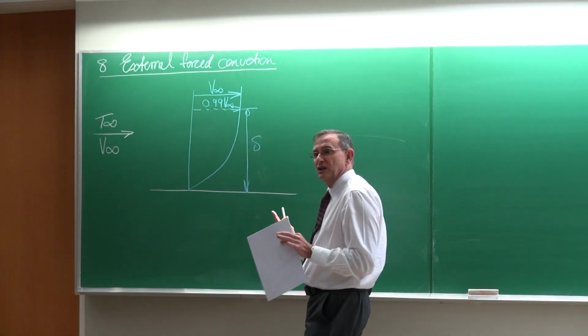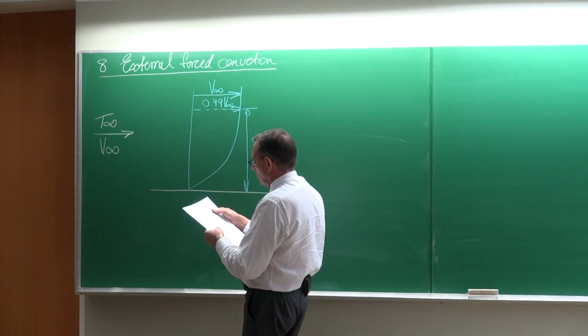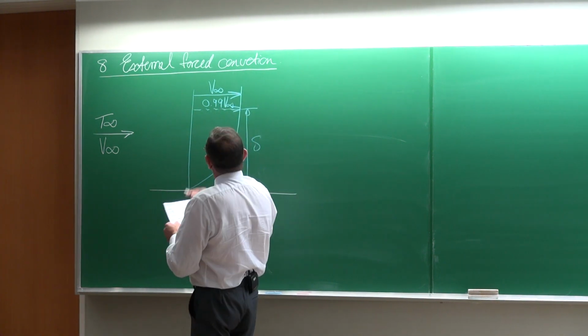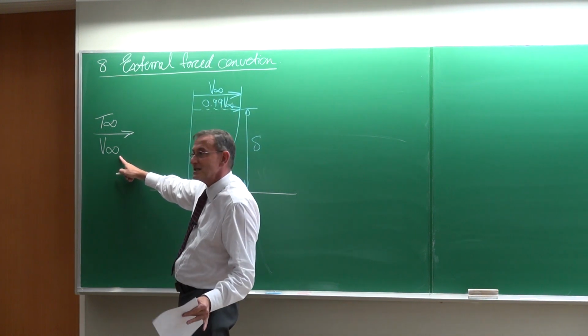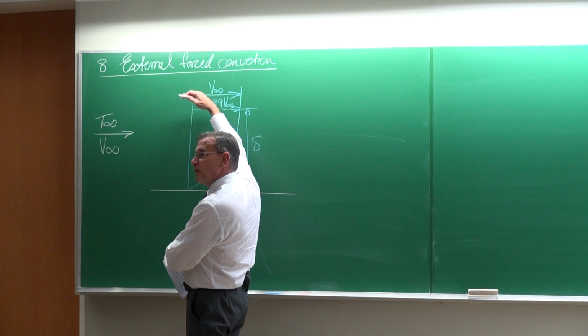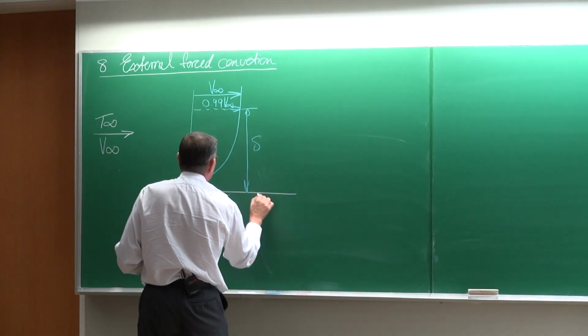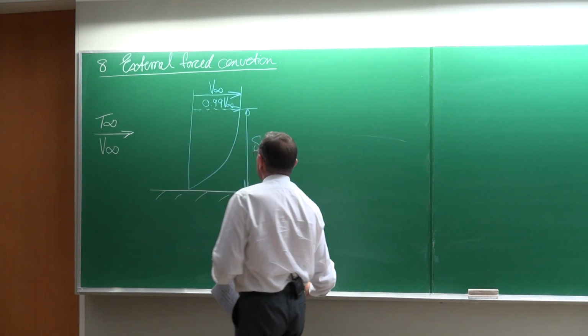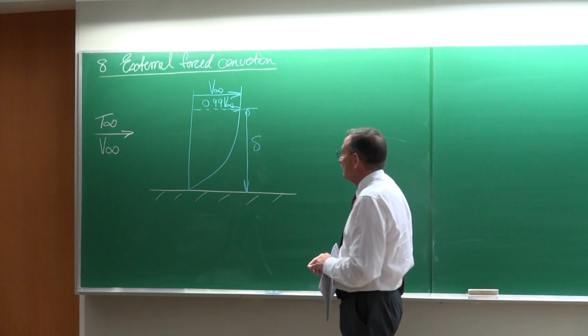The very important thing to realize is that there is what we call a free surface, because this velocity and that velocity is the same. If you go far enough from this solid surface, which can be a flat plate or whatever it is, then you're going to get to V infinite.